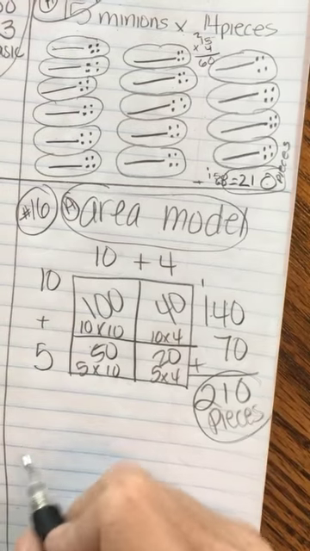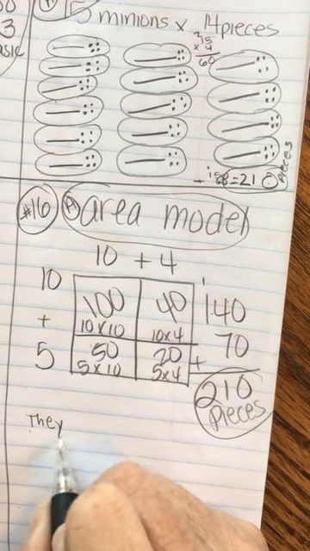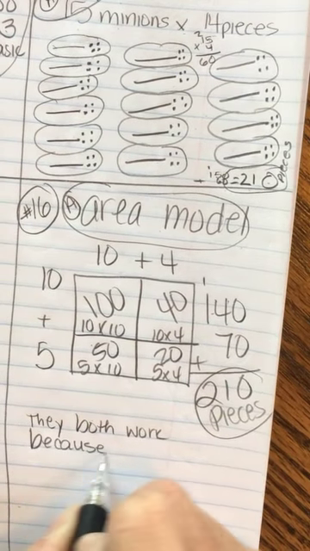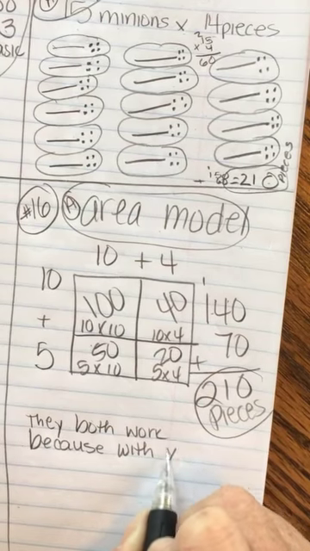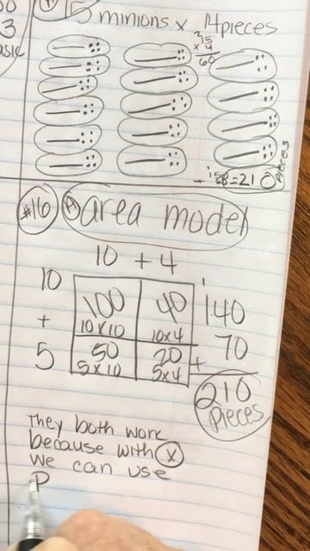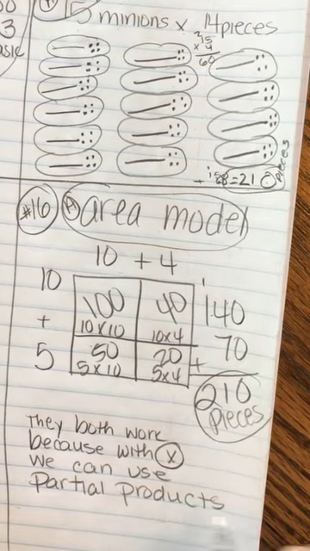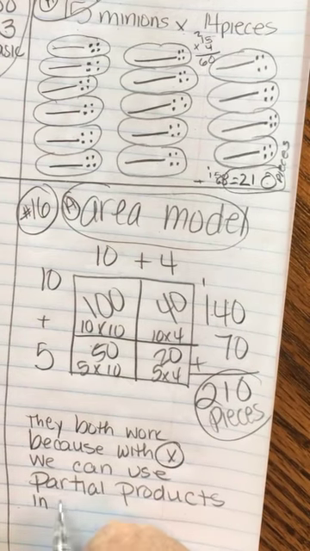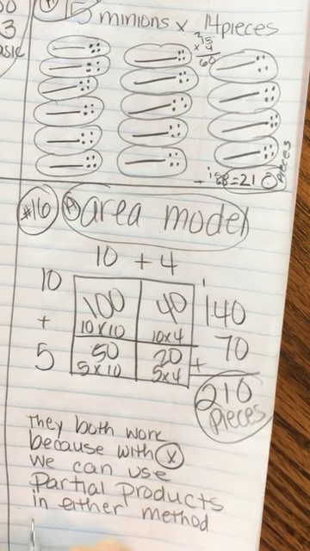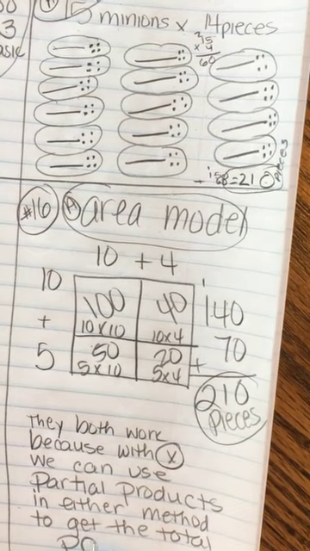Well, we want to explain why they both work. They both work because with multiplication, we can use partial products in either method to get the total product.